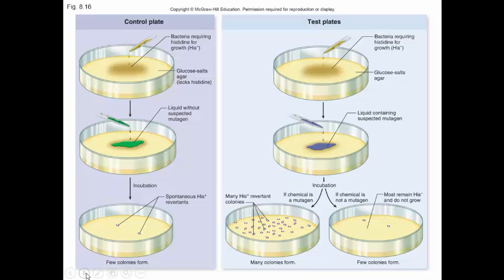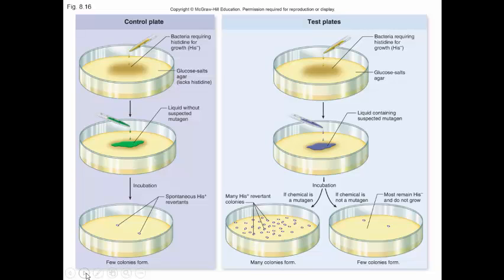So, what you do is you're actually looking to see if the chemicals that you're going to add along with the auxotrophs will cause a mutation that would cause a reversal, so that the actual organism will be able to grow even without histidine. See, presently, those histidine auxotrophs require histidine in their medium for them to grow, okay?